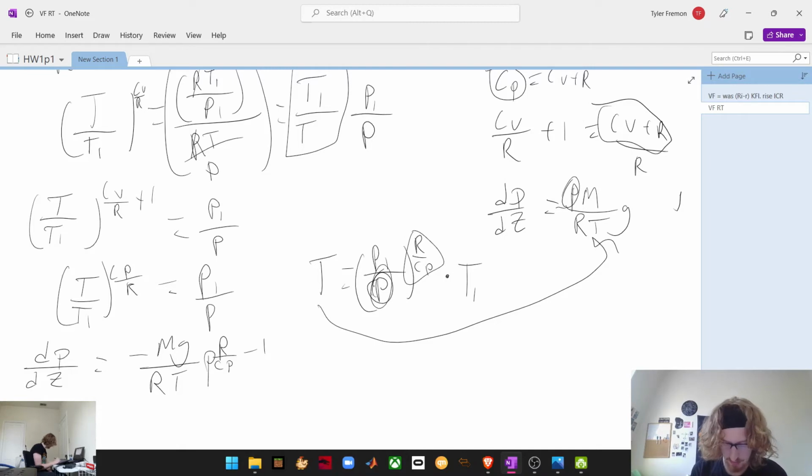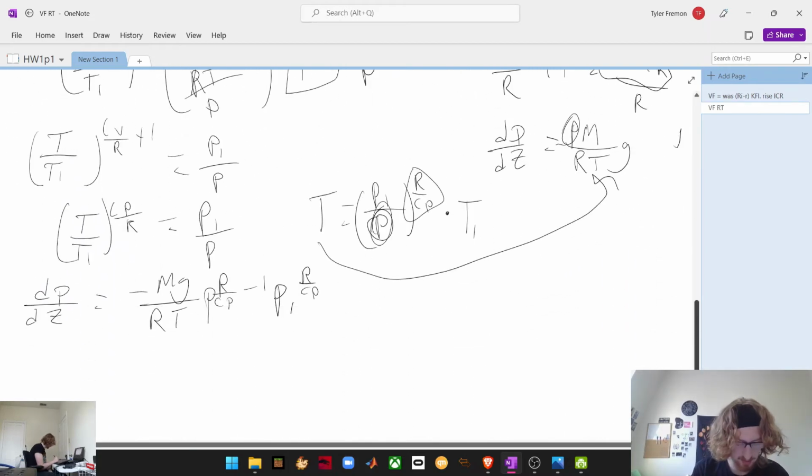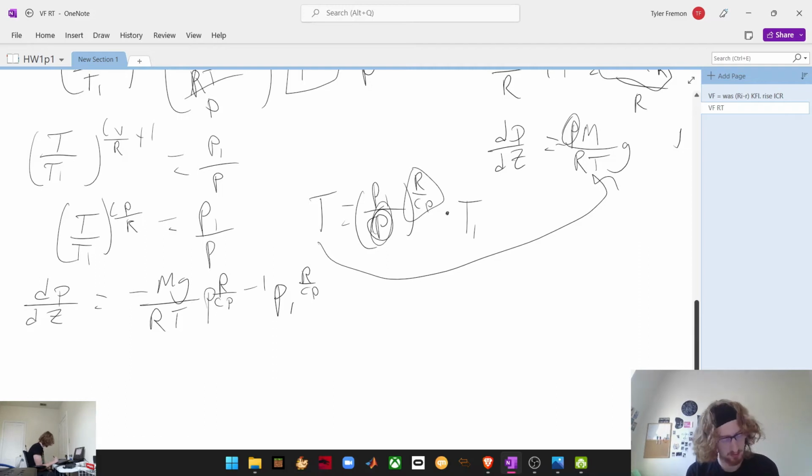And then we have P1, and since we're dividing by a fraction, we're just going to end up with P1 to the R over Cp. And then from here, we can divide across by P to the R over Cp minus 1.